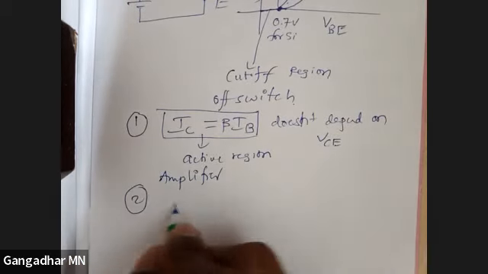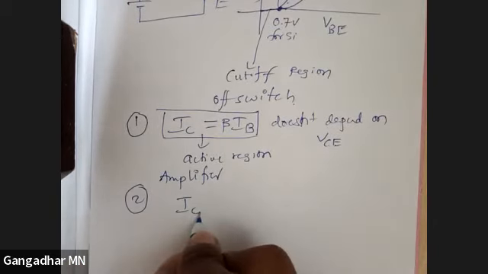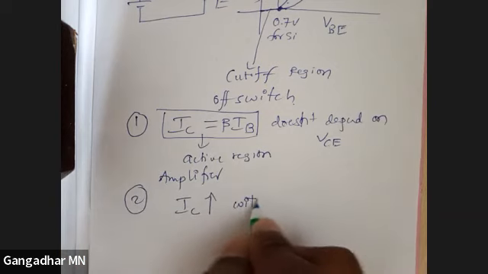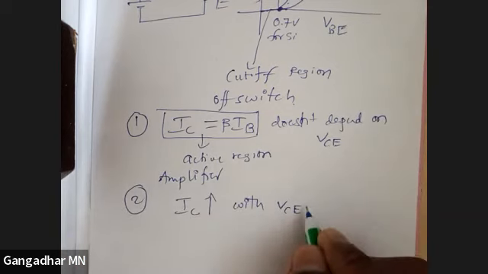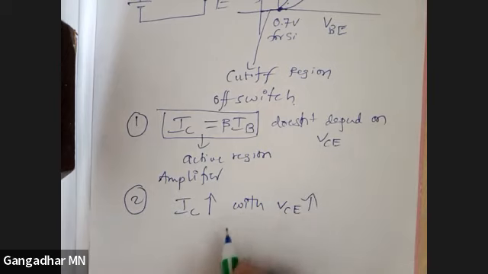Second, where IC increases with VCE, with an increase in VCE, this region is called saturation region.